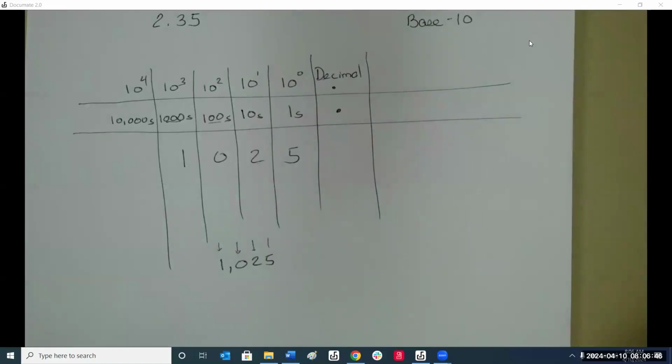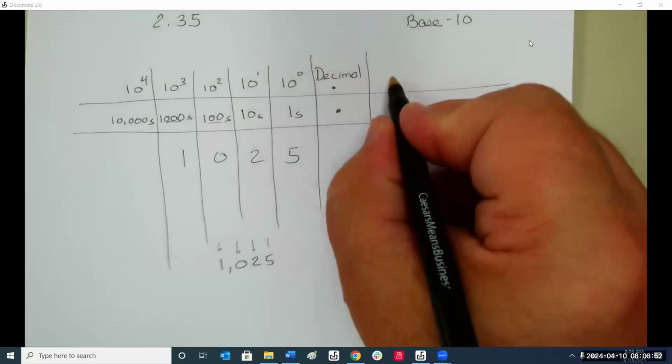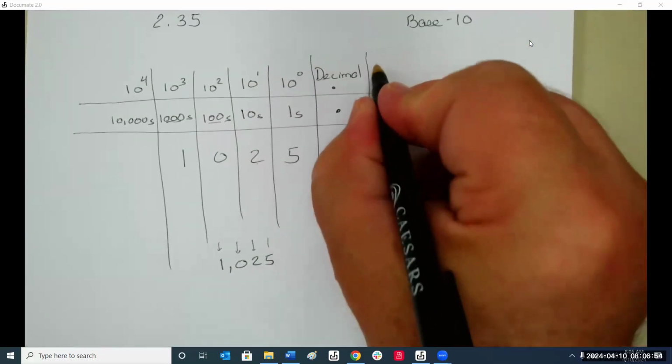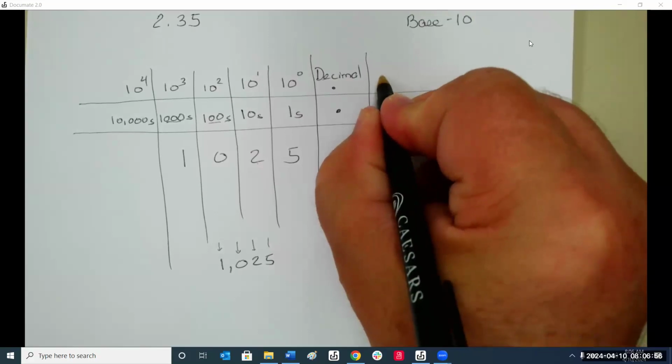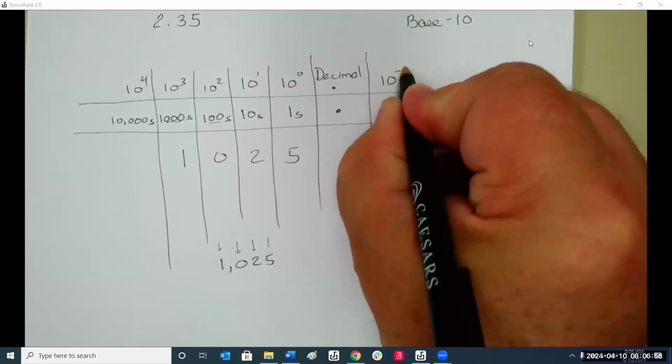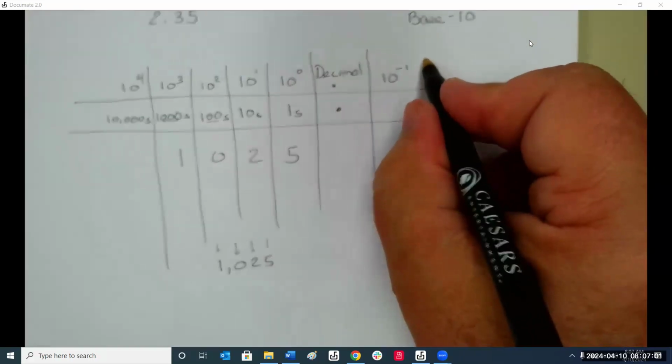Now, how do we make things smaller? After the decimal, what we have here are negative exponents.